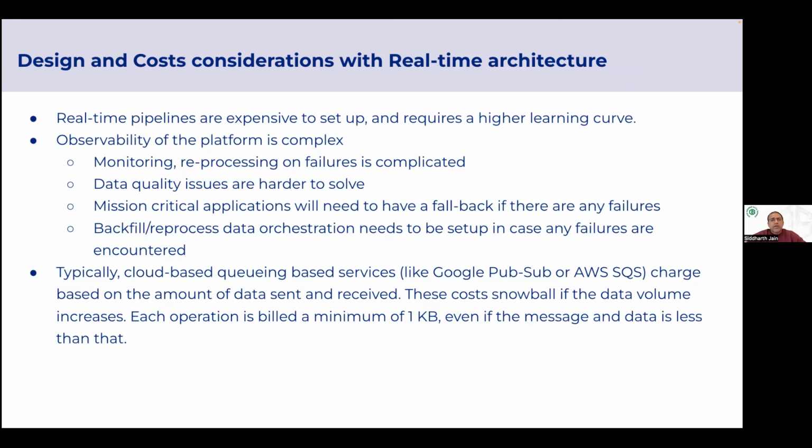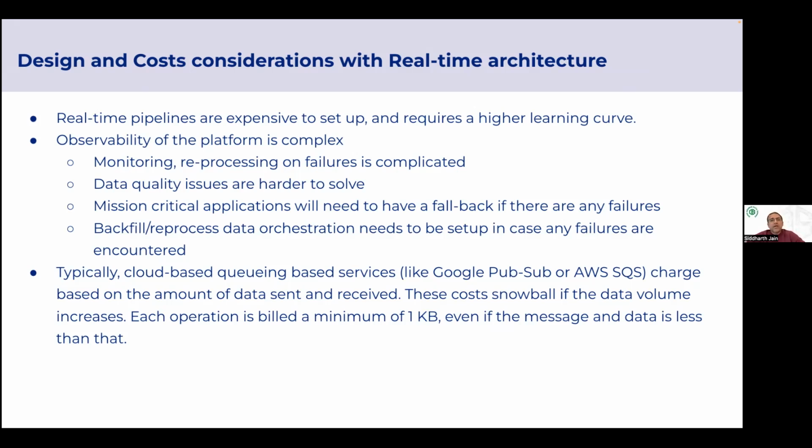It's difficult, I would say, to have a proper alerting and notification process in place in case there are issues that come up. Since real-time applications are typically critical in nature, with very little or no appetite for failures, it is very important to have redundancies built into the design.